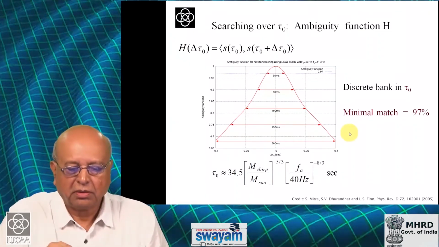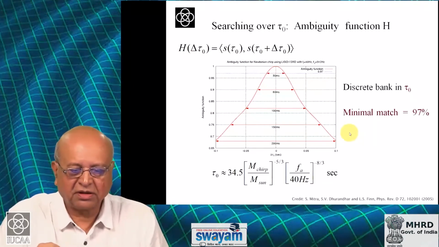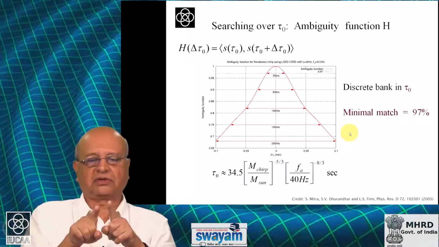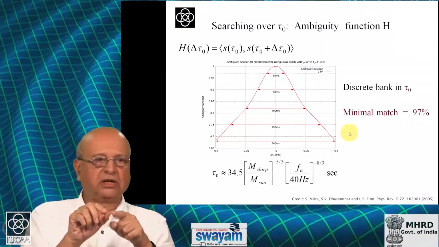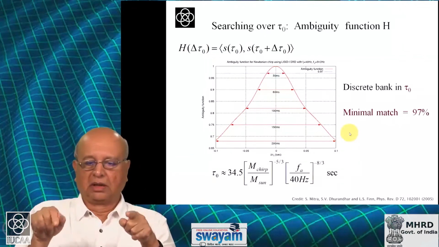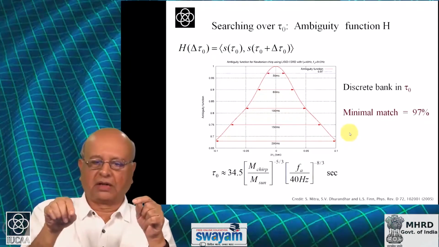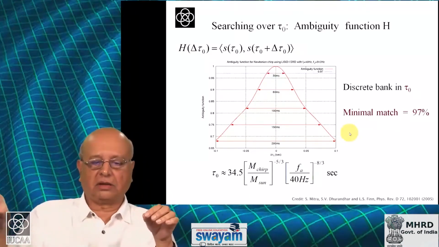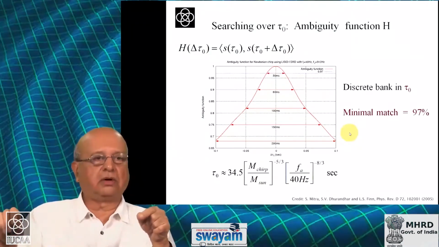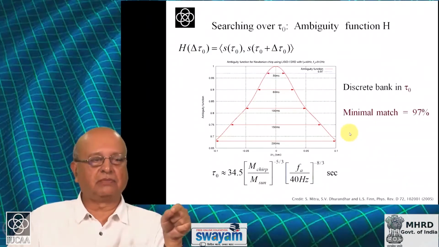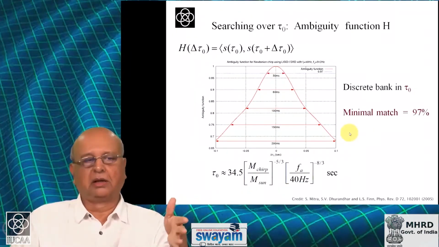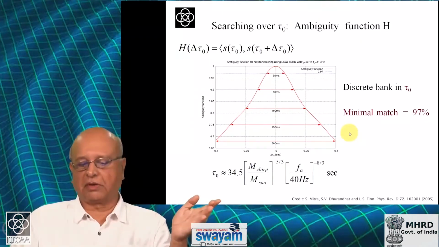So, you space the templates at a distance of 2 delta tau naught. One template covers a region of something like 2 delta tau naught. The next template will pick up where the first template has left off, and in this way you can scan over all tau naught having a discrete bank of templates. It is a continuum. A continuum you simply cannot scan with the finite computational resources that you have.